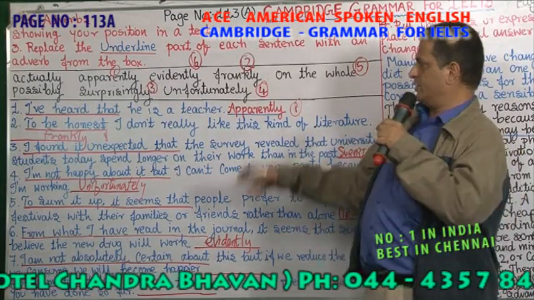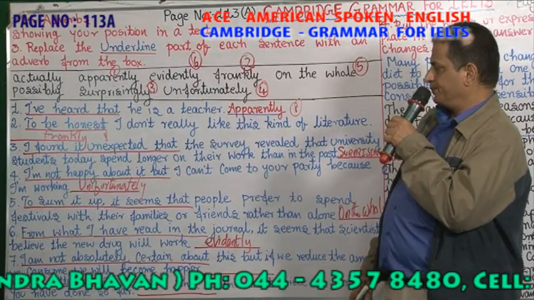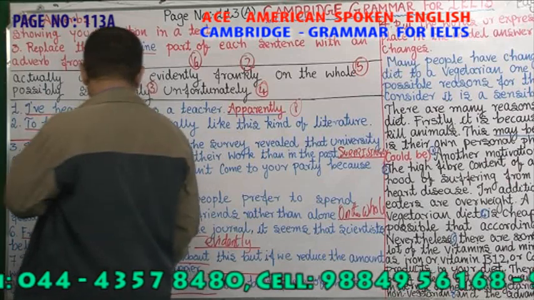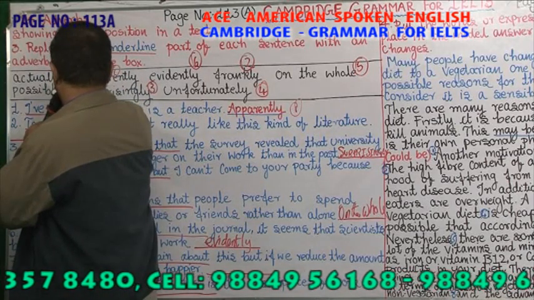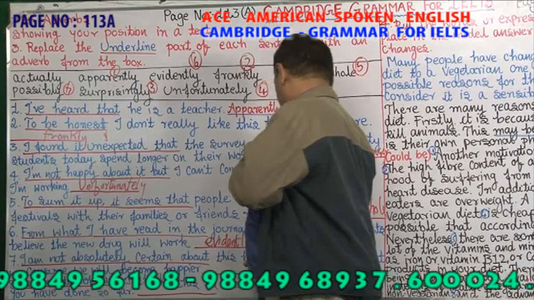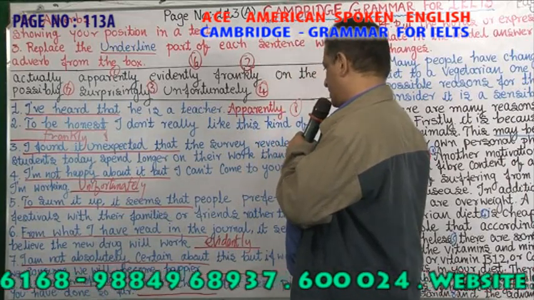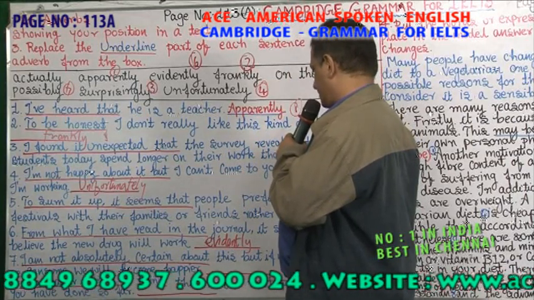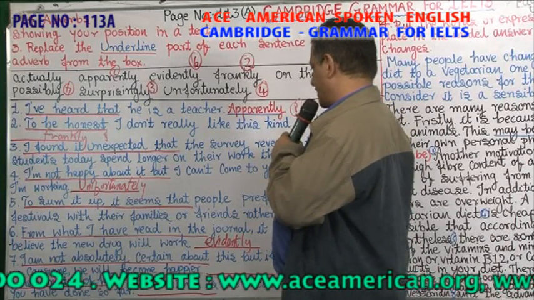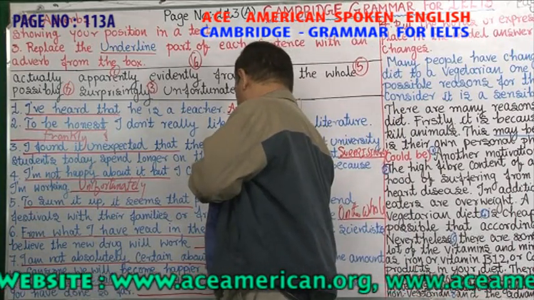So what's the word you can use from the choice? Possibly, yes, possibly. So seventh is possibly, isn't it? If we reduce the amount we consume, we'll become happier. So possibly.